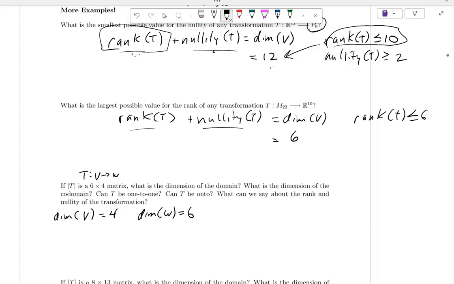No? Don't understand why? You said it flip-flops. It flip-flops your dimensions, right?